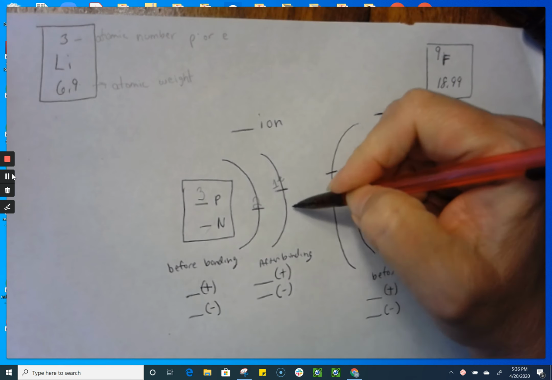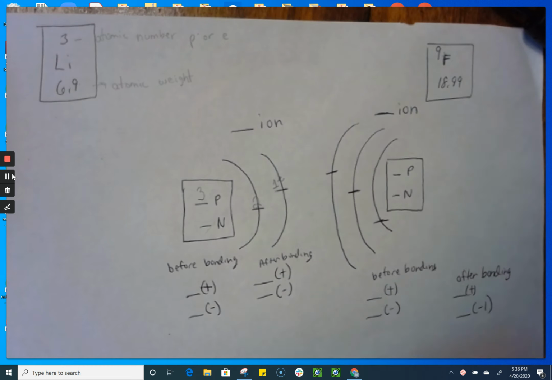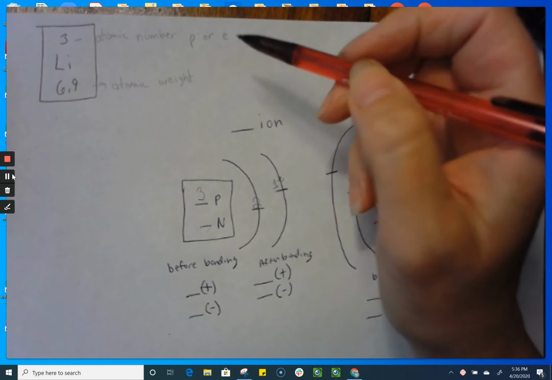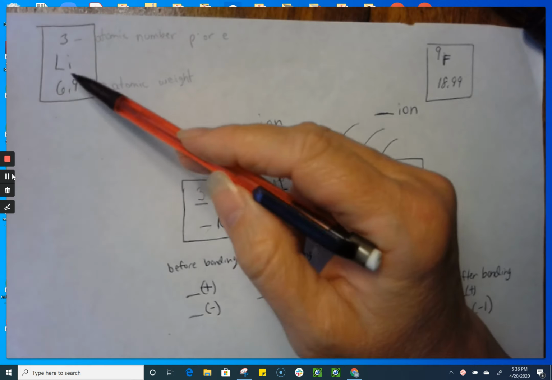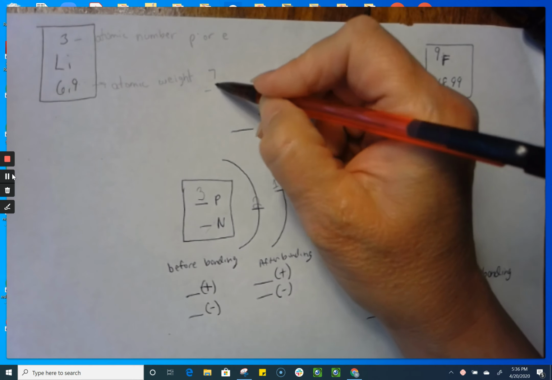Remember the second energy level. For it to be stable, it would like to have 8 electrons in it, which would make it filled, and it would also satisfy the octet rule for atoms becoming stabilized. The other thing we have to figure out is the neutrons. 6.9 rounds to 7. You subtract 3.